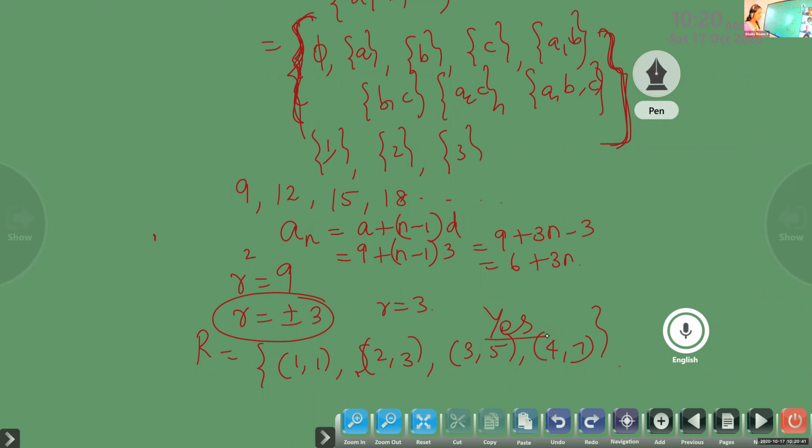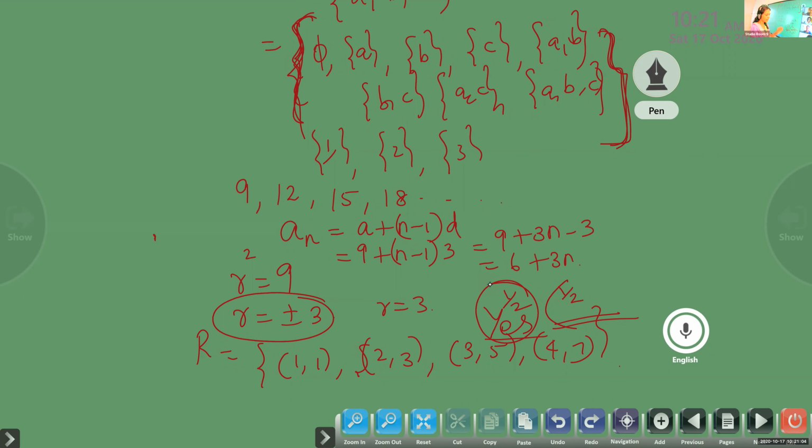But give reason. So half a mark will be for yes and half a mark for giving the reason. Some of you have given the reason. What is the reason? Distinct elements have distinct images. Each element has a unique image, everything is defined here, so it is a function. If you have not mentioned yes, that half mark you will lose.